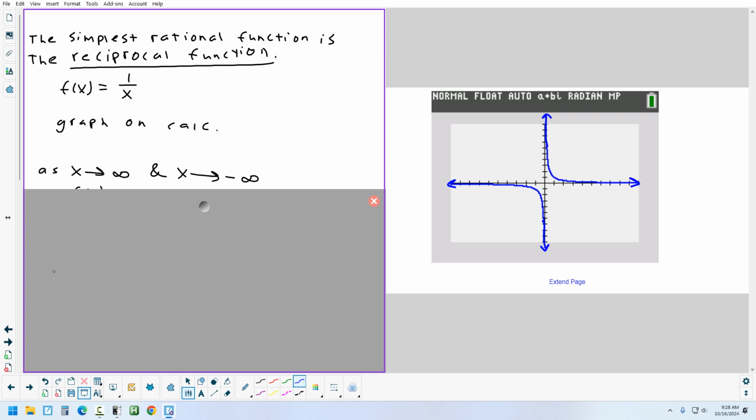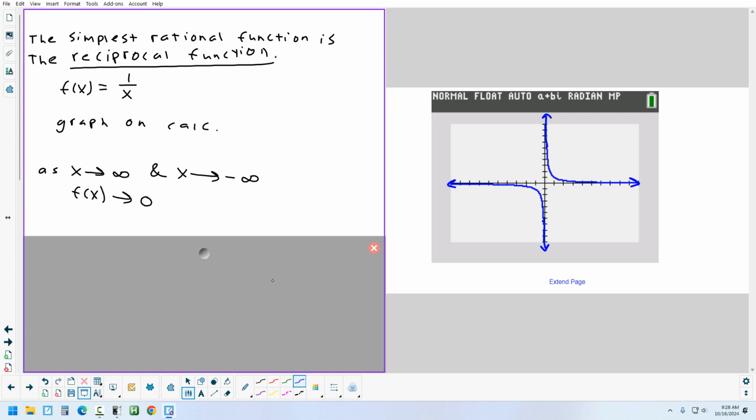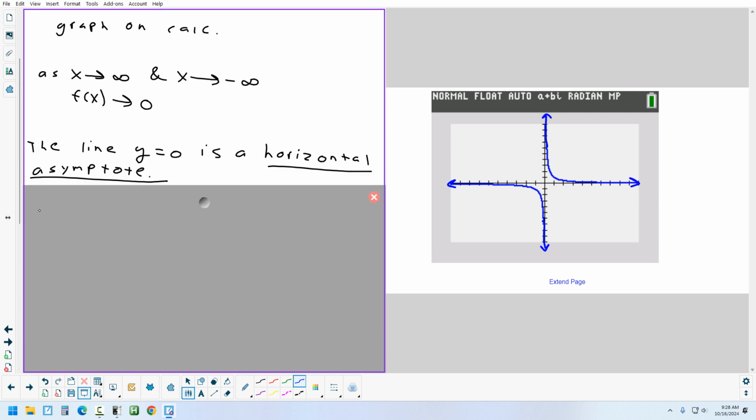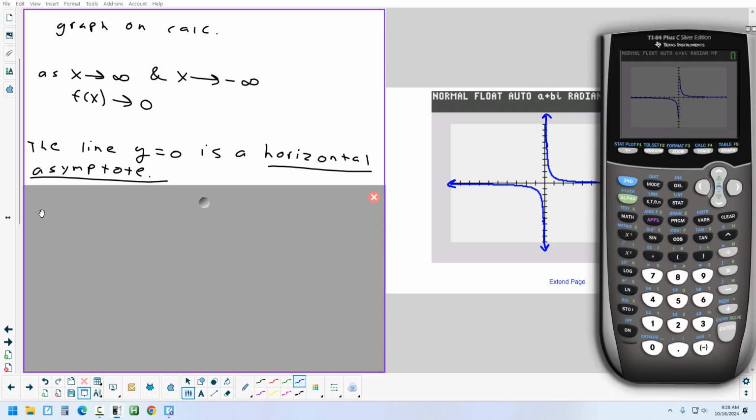As you head to the right forever, y is getting closer to 0. And as you head to the left forever, y is also getting closer to 0. Because we're getting closer and closer to the x-axis, and we are never reaching it, the x-axis is a horizontal asymptote.